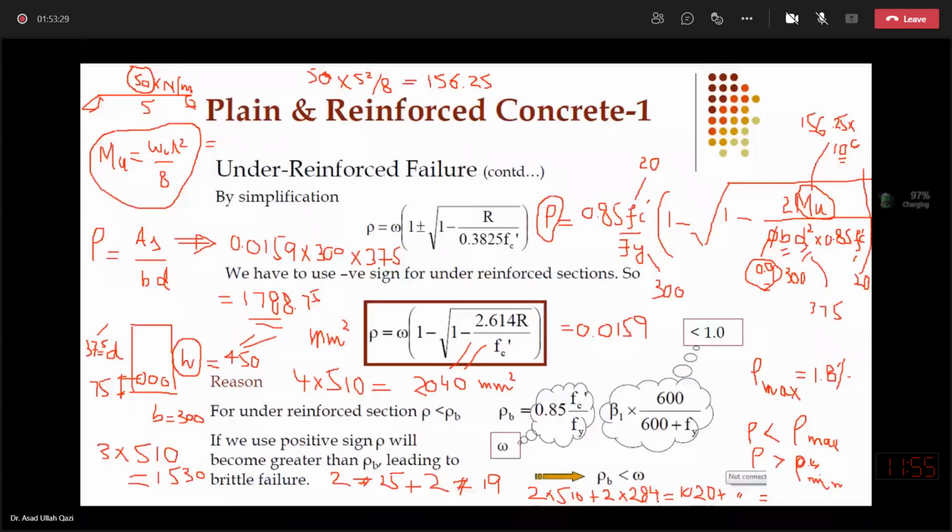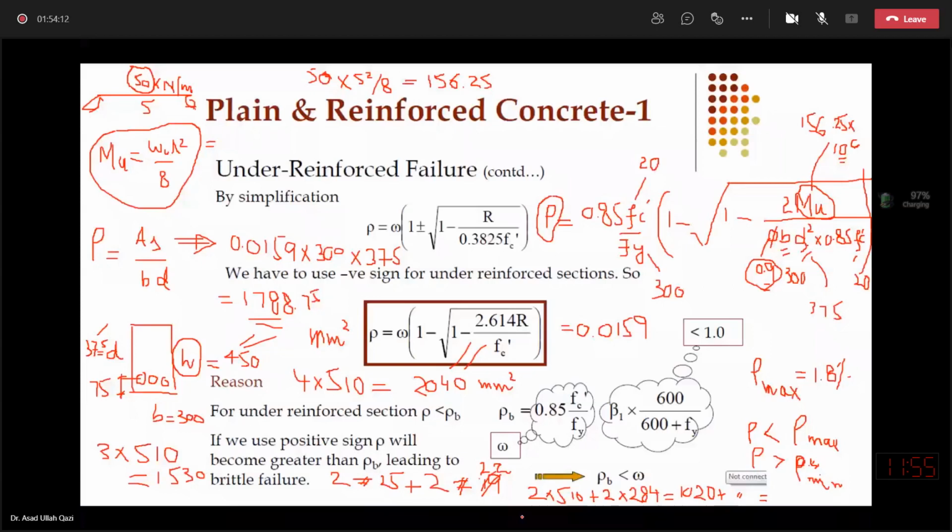If I select two number 25 and two number 22, the nominal area of number 22 you can consult from the design aid in ACI.